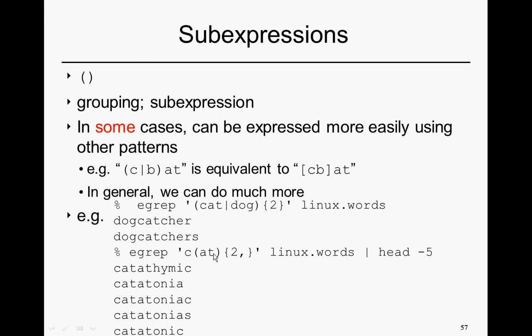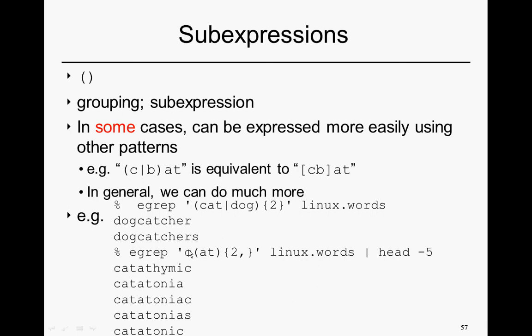Remember, this is not saying match any one of them. It's saying match that sequence AT at least two times, and potentially more than two times. At least twice. So here, C, match it twice.